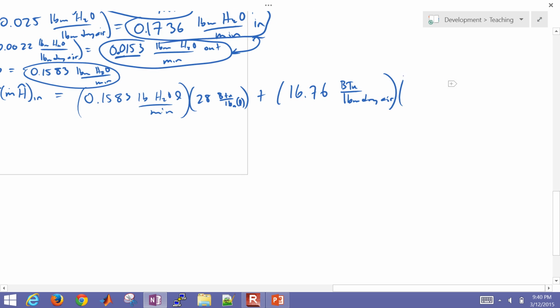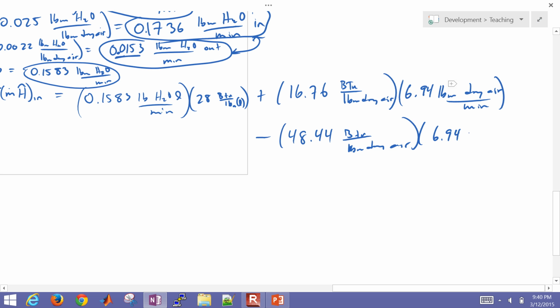Okay, and then multiplied by the mass flow rate, 6.94 pound mass dry air per minute. Okay, so that gives me the enthalpy. This is all on a dry basis. Okay, and then I'm going to go ahead and subtract the input. Okay, dry air and 6.94 pound mass dry air per minute.